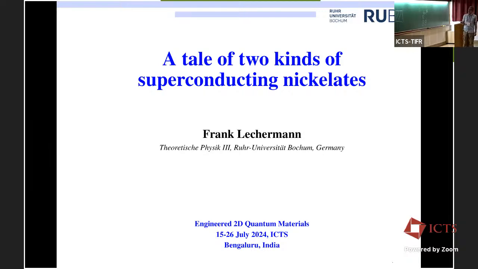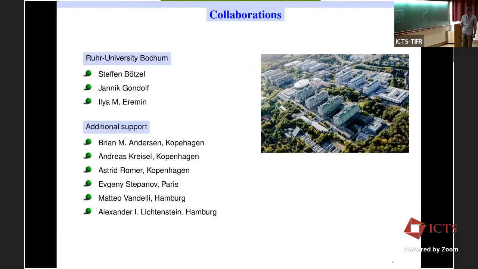So this is about superconducting Nickelates. And before introducing the topic, let me first also acknowledge my collaborators. This is work that has been partly done in Hamburg and in Bochum. In Bochum, there are Steffen Bötzel, Yannick Gondorf, and Ilya Arimin. This is a picture of Bochum University that helped a lot in recent years to do advanced work on this.